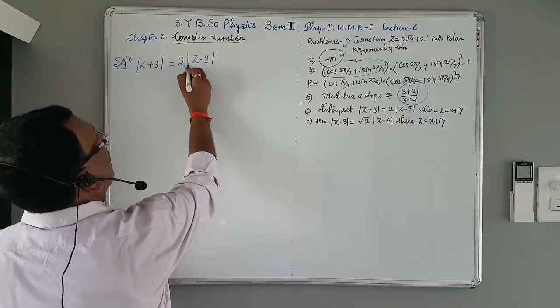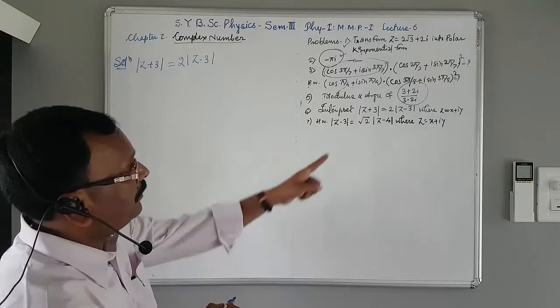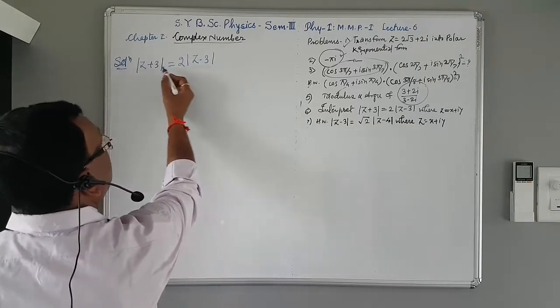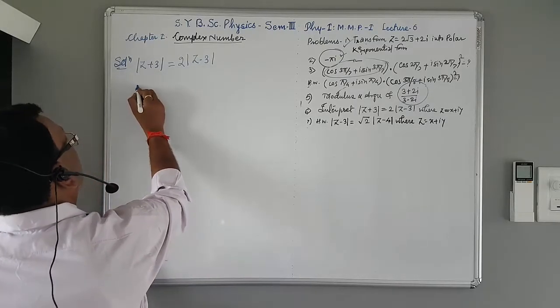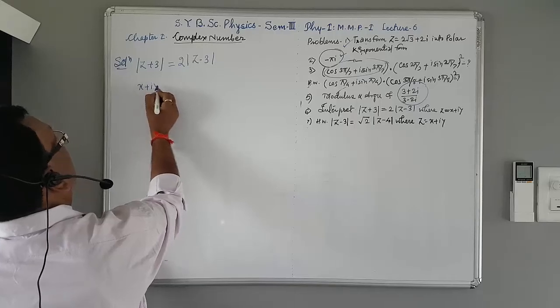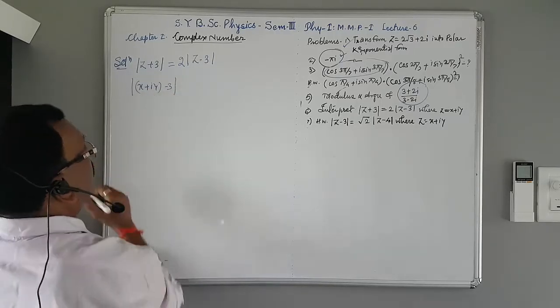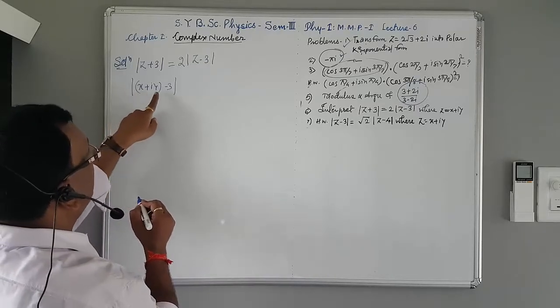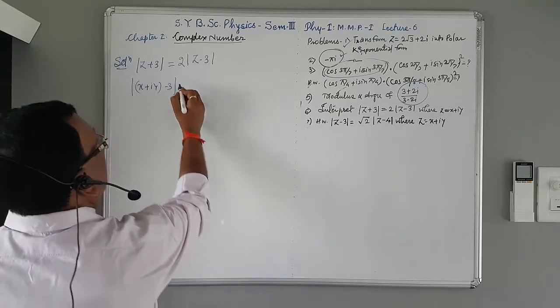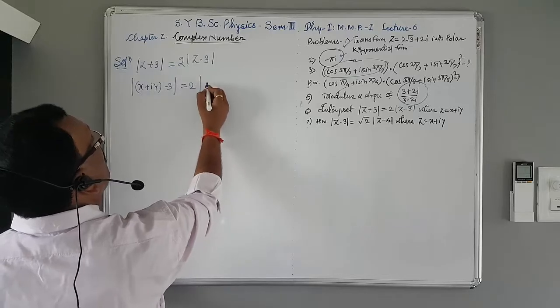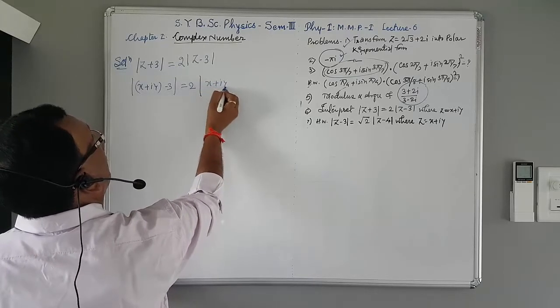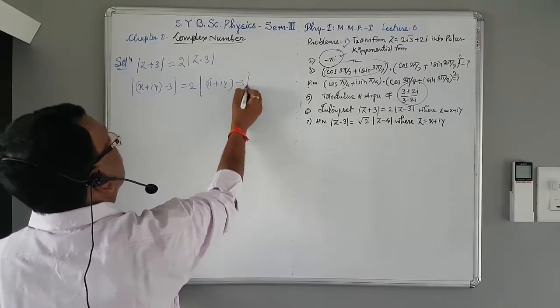But here z is equal to what? x plus iy. Therefore, substitute the value of z here and here. We have mod of x plus iy plus 3 is equal to 2 into mod of x plus iy minus 3.